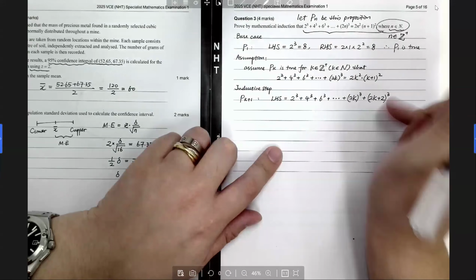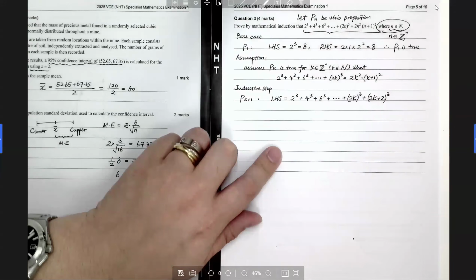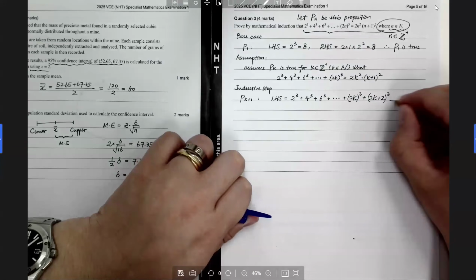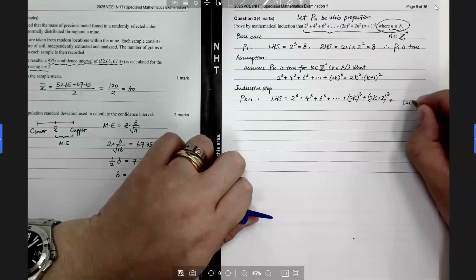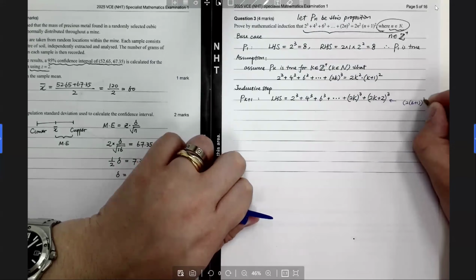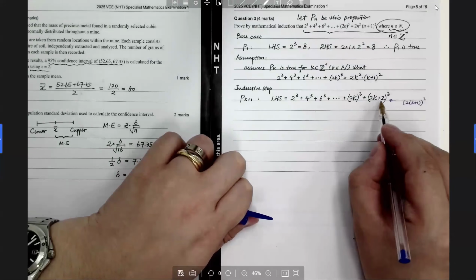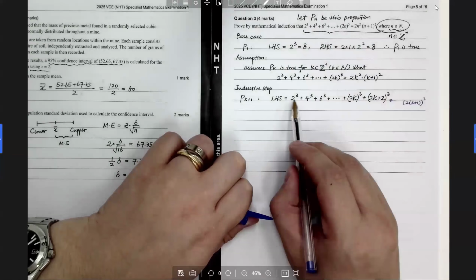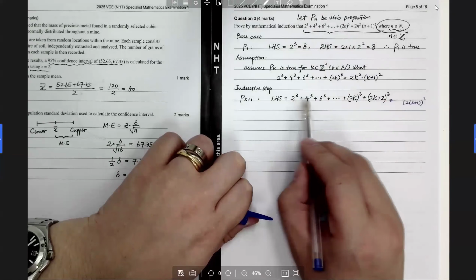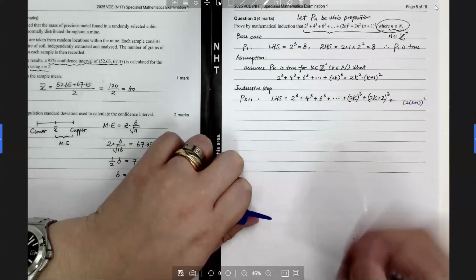The reason it's not k plus 1 here is because it's actually (2(k plus 1)) to the power 3, which generates (2k plus 2) to the power 3. You can see each time the item adds 2, adds 2, adds 2, all to the power 3.